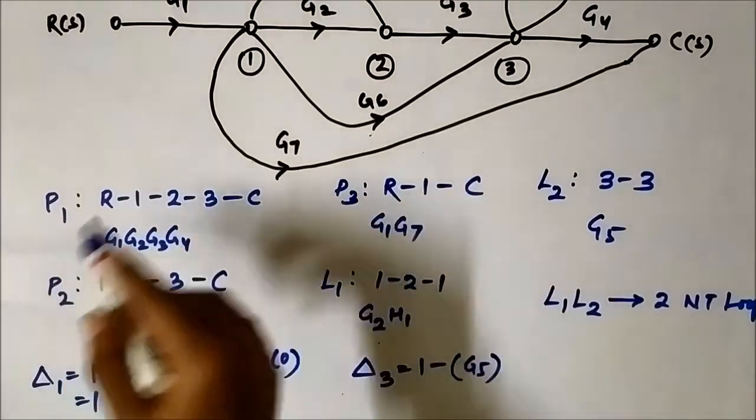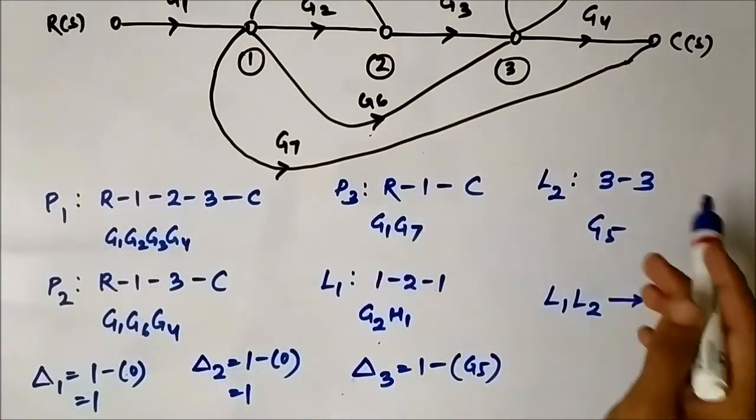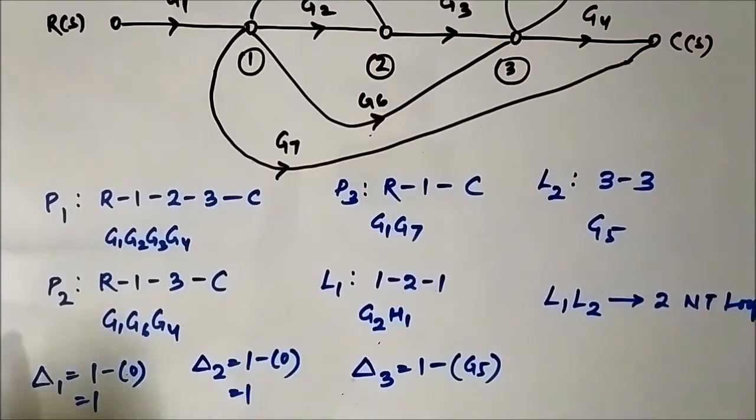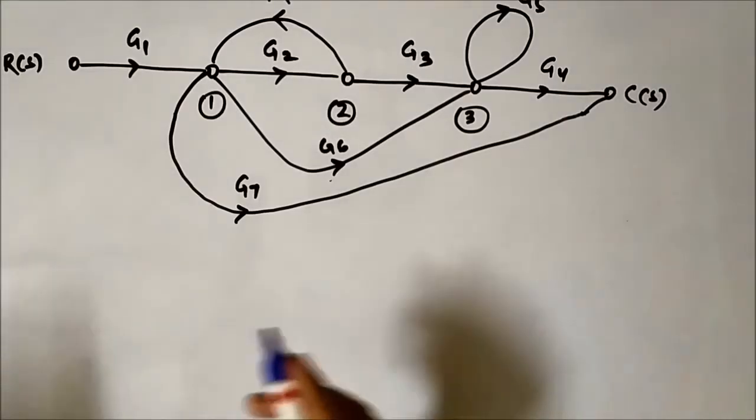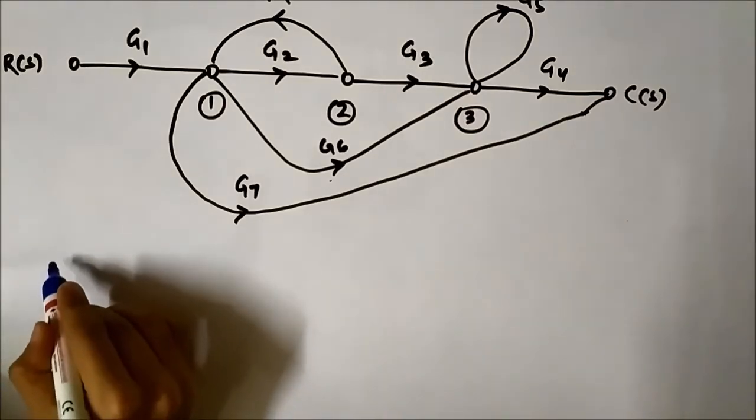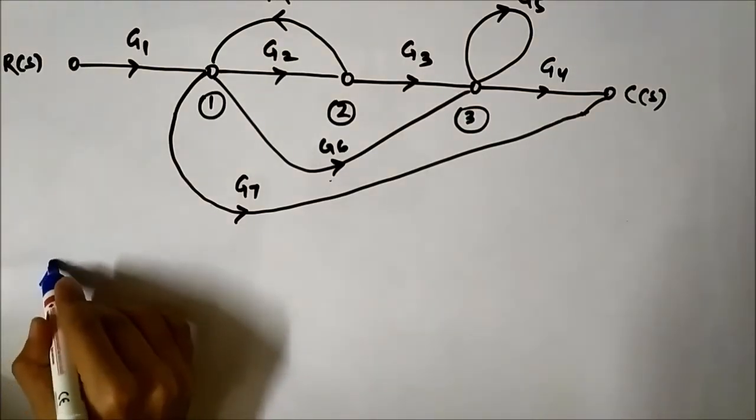We have determined the forward paths, the loop gains and the non-touching loops. Now all we have to do is apply these things in the equation and we'll get the transfer function. Before putting in Mason's gain formula, first let us determine the graph determinant. It will be easy to put.